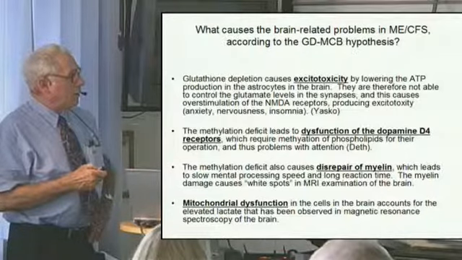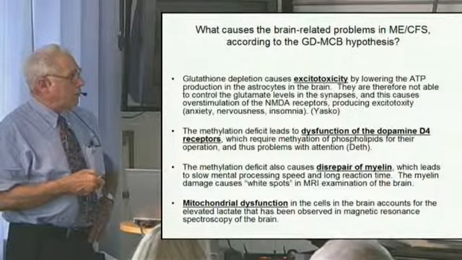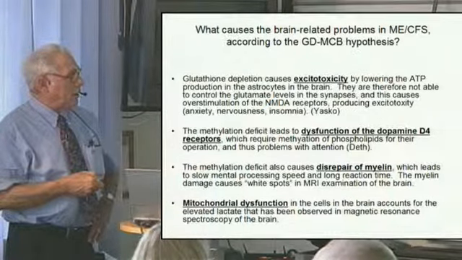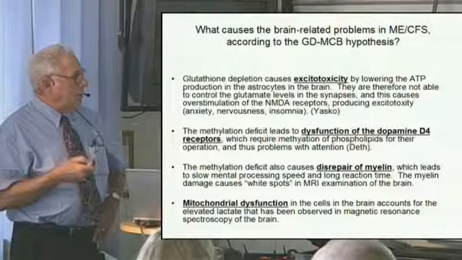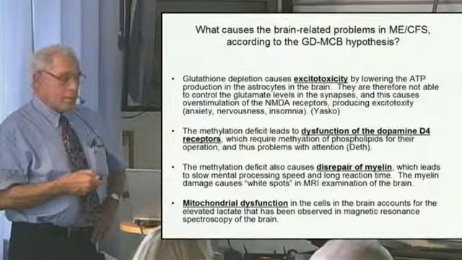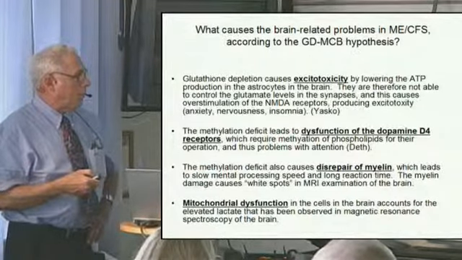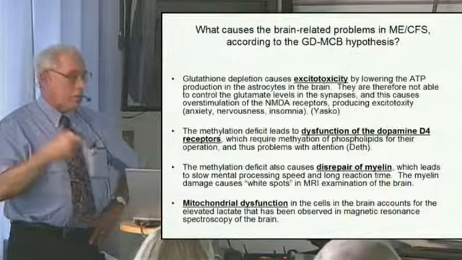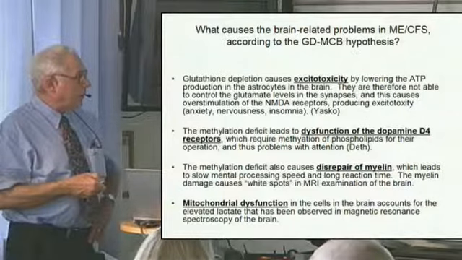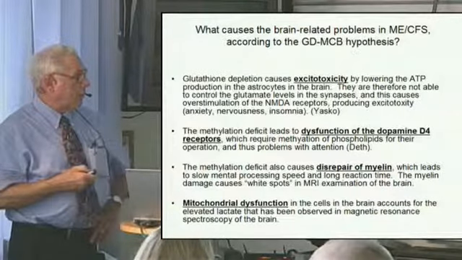Well, when glutathione is depleted, it affects the astrocytes, and their mitochondria do not make enough ATP, so they have trouble importing the glutamate and converting it to glutamine, which they're supposed to do, and that leaves more glutamate in the synapses, and that causes the excitotoxicity.